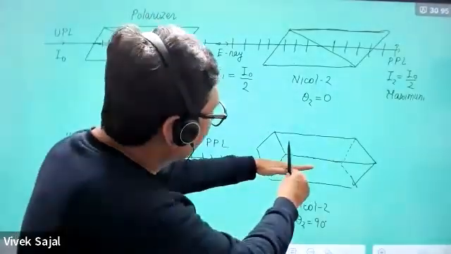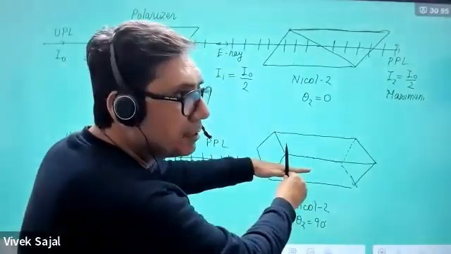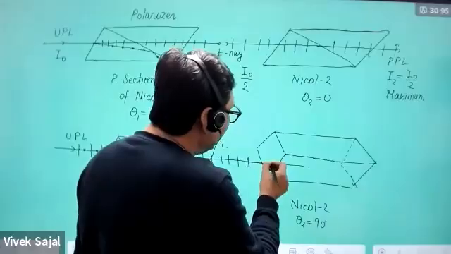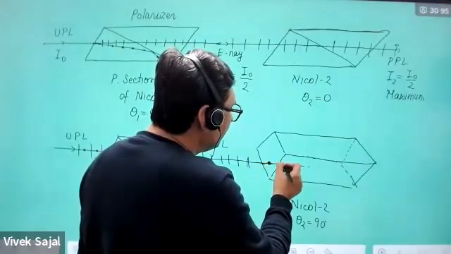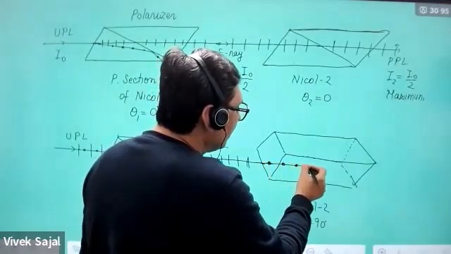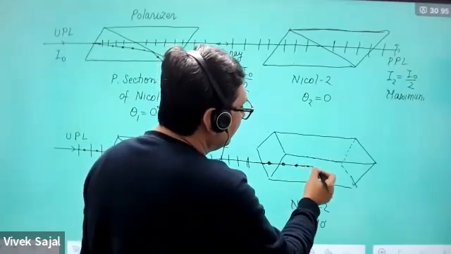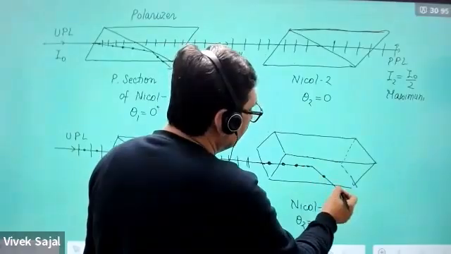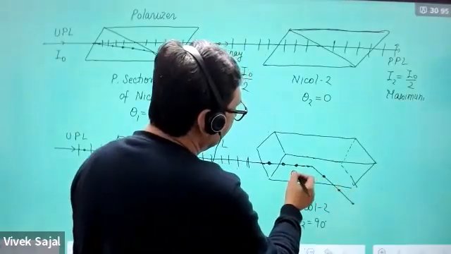So as they enter inside, they are perpendicular to the principal section, and they will undergo TIR. So they are acting as O ray here.